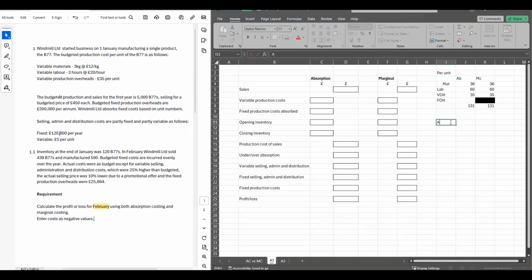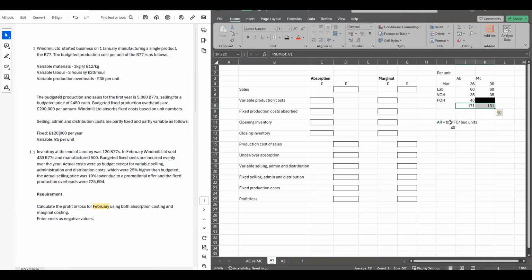So in terms of working out our absorption rate, remember this is going to be the budgeted fixed costs divided by the budgeted units. I know that my fixed costs are 200,000 and my budgeted units are 5,000. So therefore, per unit of B77 that I make, I will absorb £40.